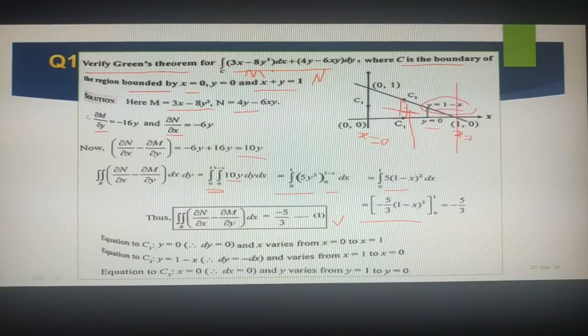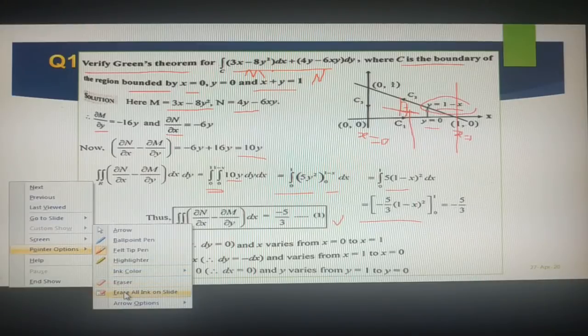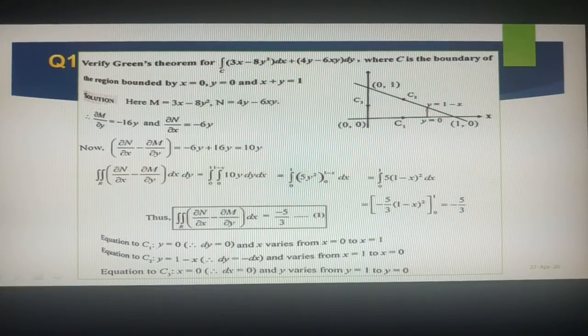What we have done till now is find the double integral of this. Now we will see along the curve how we approach. In what direction do we have to take it? Counterclockwise direction. This is one direction, C1, which I am taking now. The equation of C1 tells you y is equal to 0.